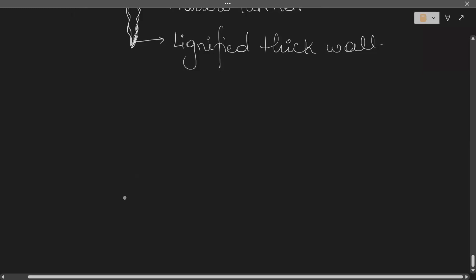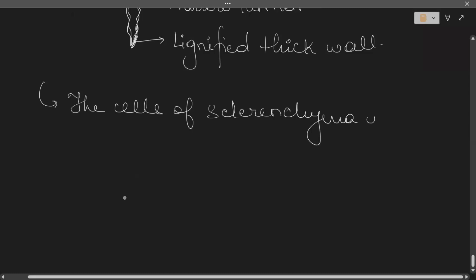When we talk about the sclerenchyma, the cells of this tissue are dead. All of the cells are dead, meaning they do not have living contents present.